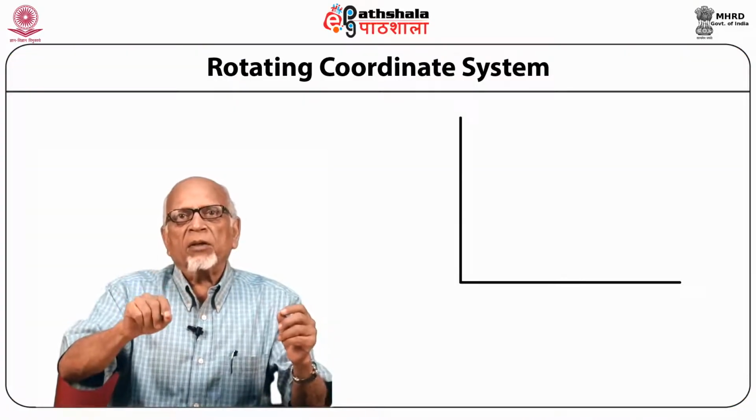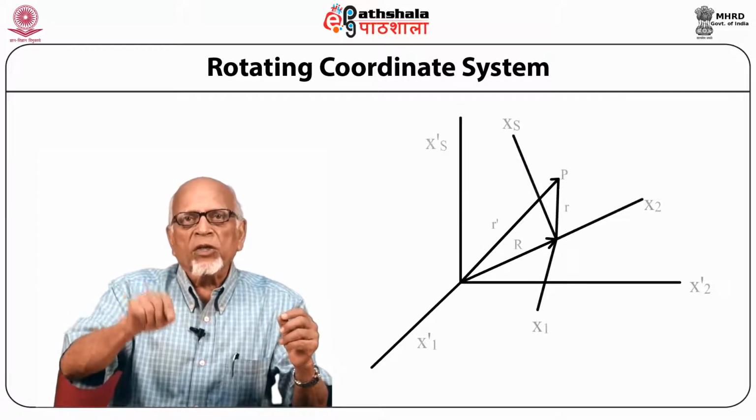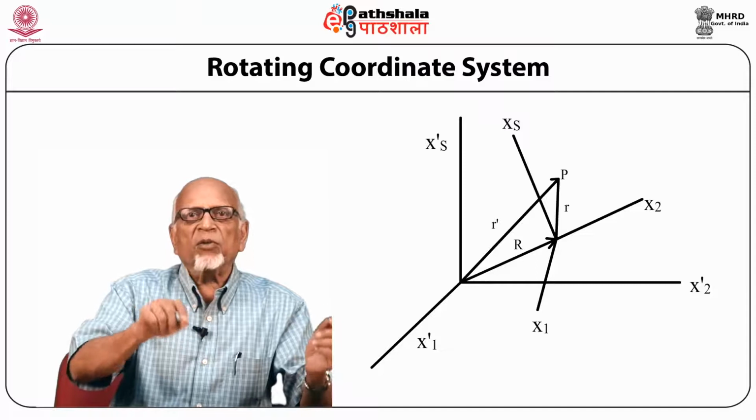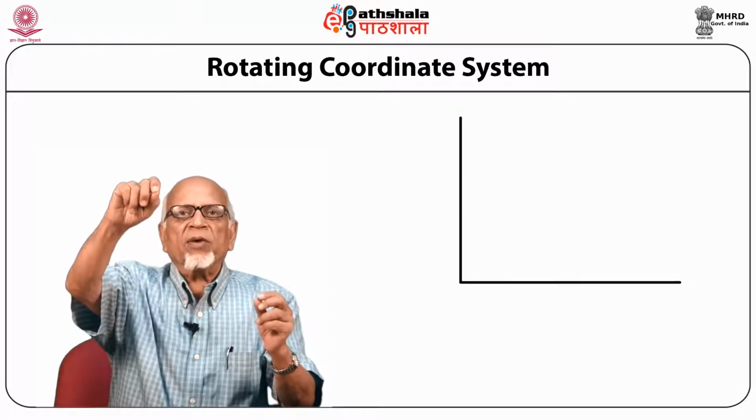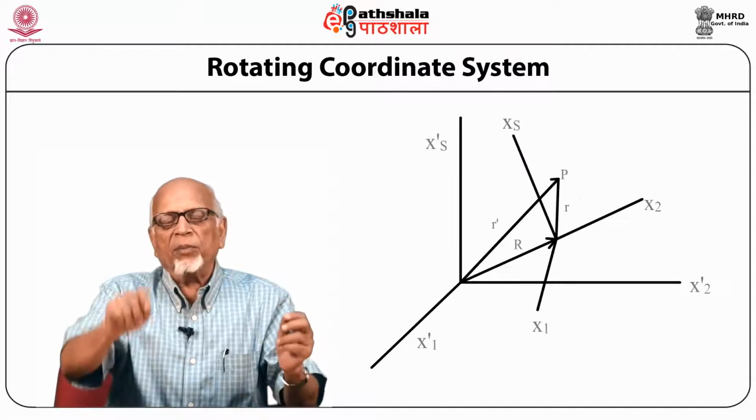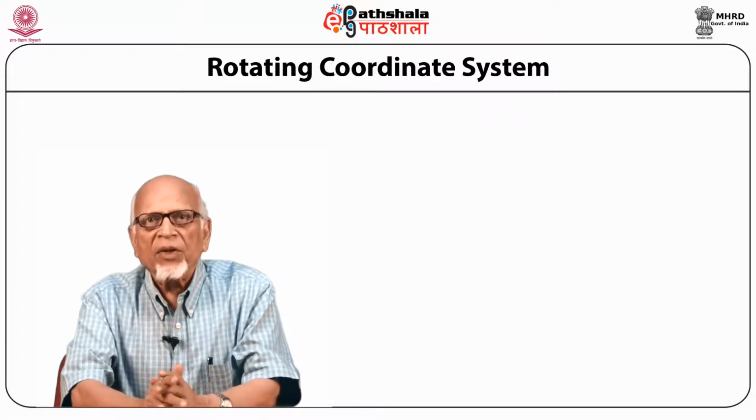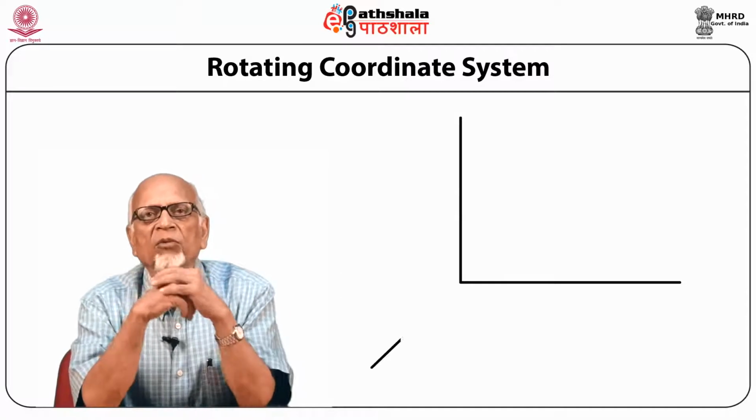Let us consider a point P whose position vector is given by a vector r in the rotating frame. Capital R is the position vector of the origin of the rotating coordinate system with respect to the fixed inertial frame, and then the position vector of a point P in the inertial frame is simply given by the sum of these two vectors, which is clear from the diagram which is shown.